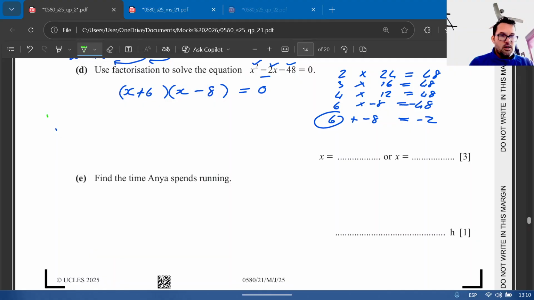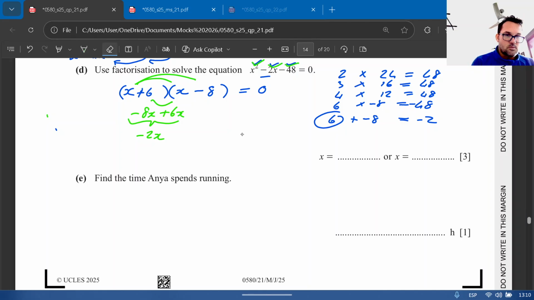Let's just check. x times x is x squared. x times minus 8 is minus 8x. 6 times x is 6x. Together, this would be minus 2x, yes. And then 6 times 8 is 48. A plus and a minus is a minus. So that's all good.